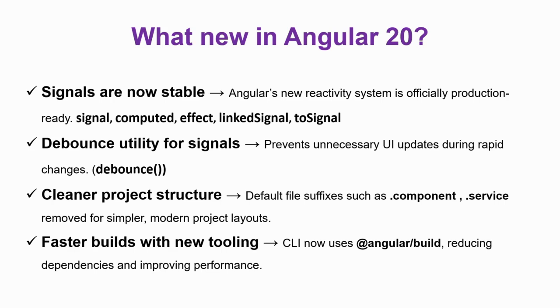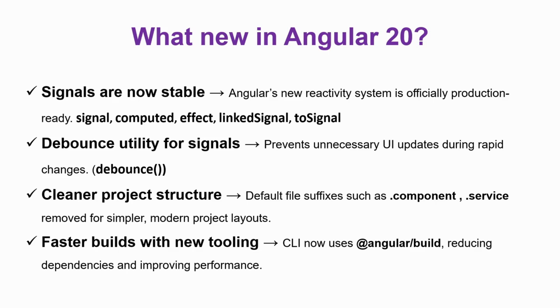Cleaner project structure. The default file suffixes such as .component and .service are removed from the file name for simplicity. When you work in Angular 20 you will see this in the file structure.